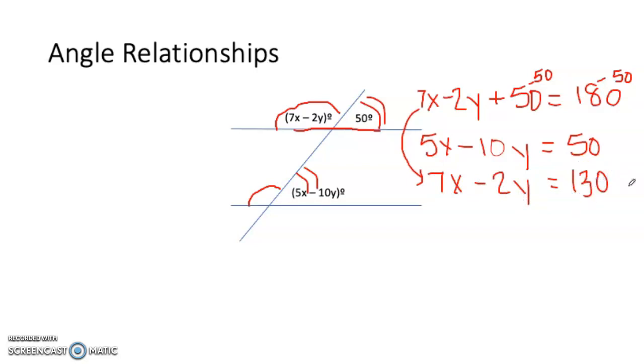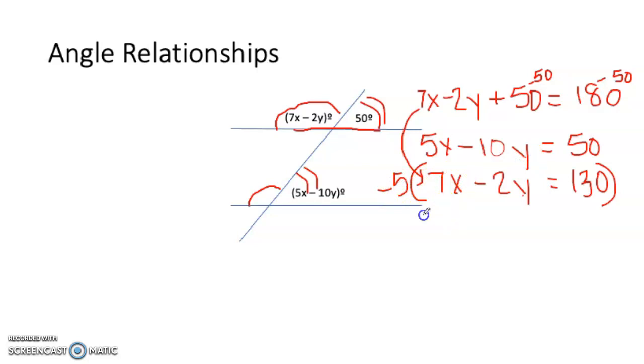Now I have two equations and two variables, and guess what? I can solve. I can substitute or I can eliminate. Well, I can turn both of these x's into 35x, or on my y's, I could multiply this second equation times -5 and turn this y into a positive 10y to go with this negative 10y.